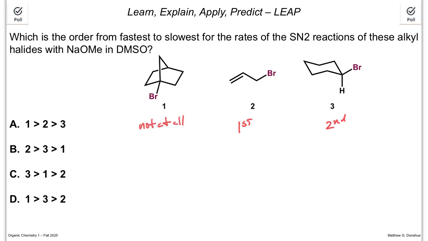So it will be that order, which just so happens with the canned responses here is B. And we're doing the same thing. So primary, secondary, tertiary. So we're able to solve the intent of that question by classifying the leaving group.